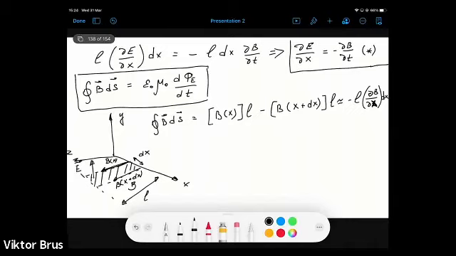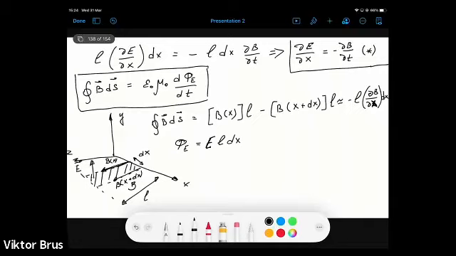Okay, so the left side is ready. Now we need to calculate the right side. The electric field flux through the surface defined by the rectangle, assuming that the electric field is constant because dx is very small, is just the product of the constant electric field vector times L times dx, the area of this rectangle.